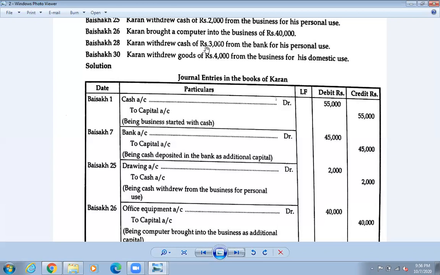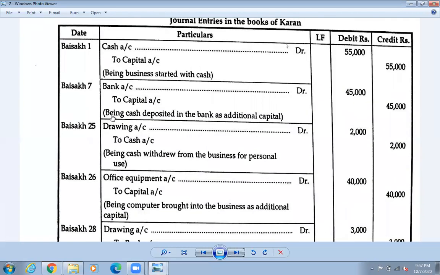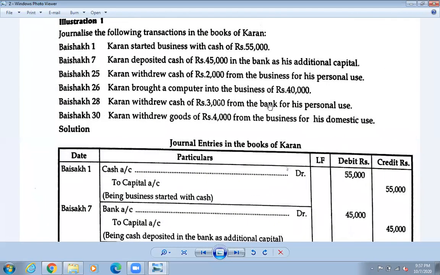Current withdraw cash of rupees 3,000 from bank for his personal use. What is that? That is a drawing account. Drawing means taking out money. So at the top we write drawing account DR. From where is he going to take out? From the bank.